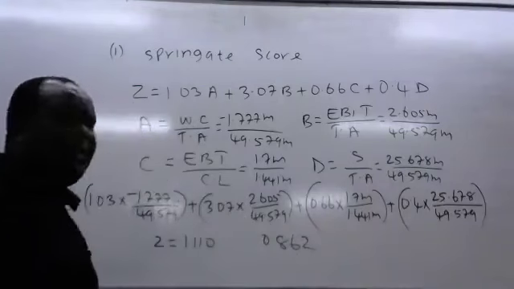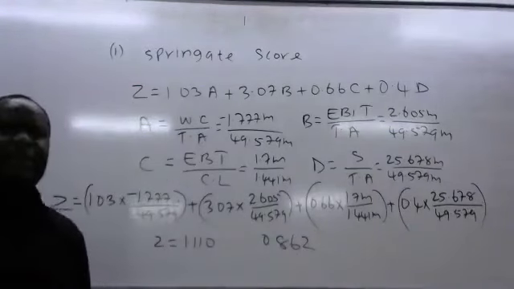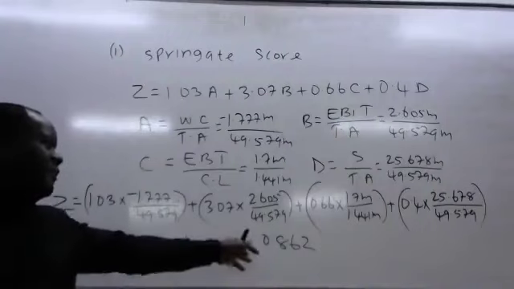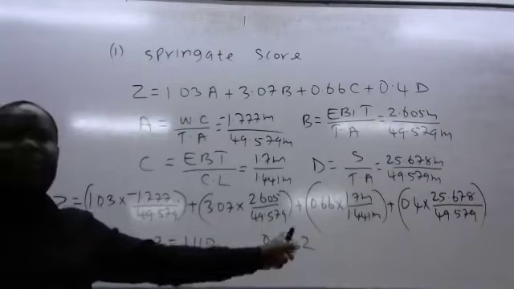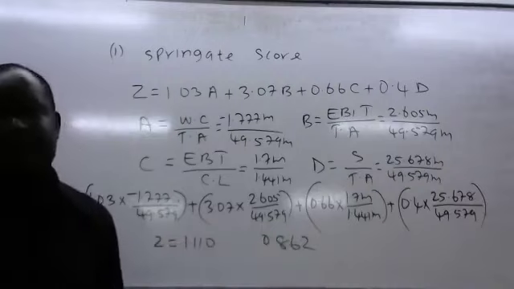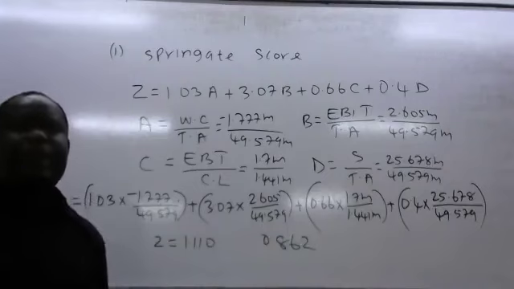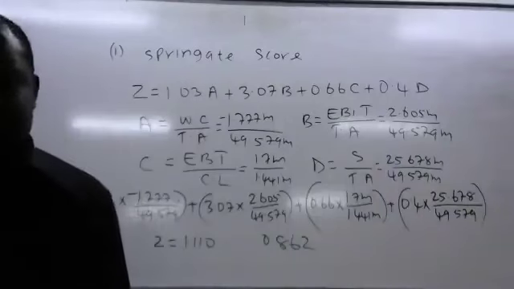In the notes, I've given you the standard. The standard in the notes is 0.862. In case it is less than 0.862, it will indicate that the company has failed. But now that index is more than 0.862.